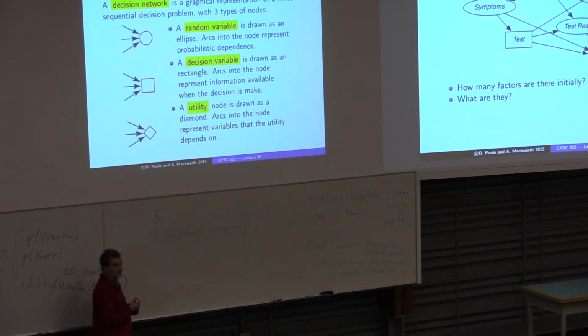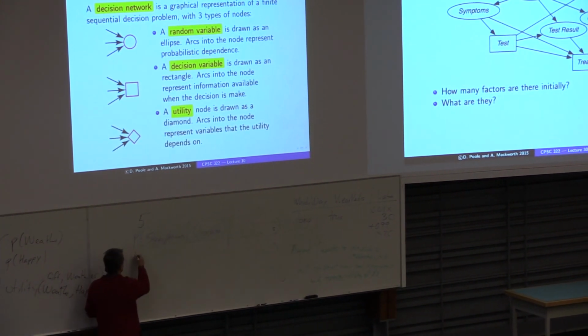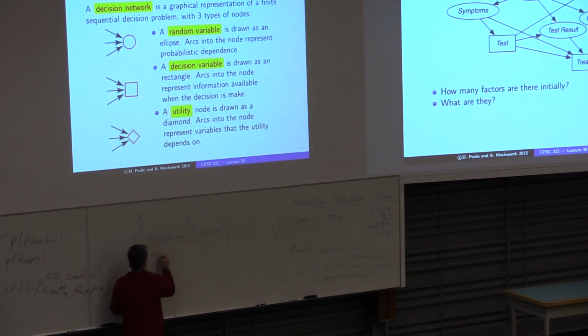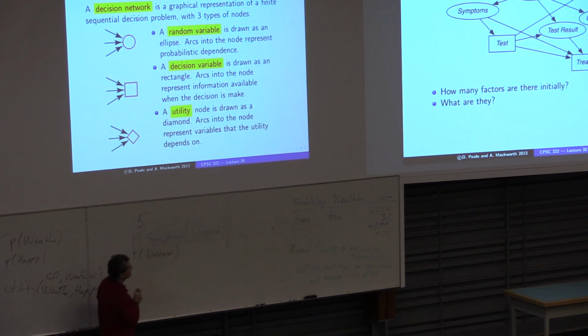That's one of them, the probability of disease. What else? Someone else, what else is there?